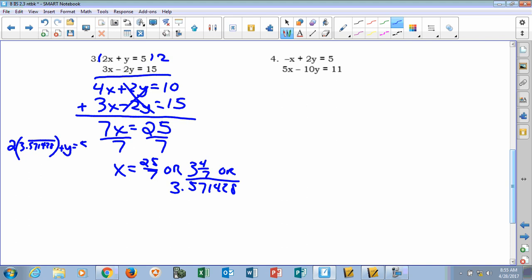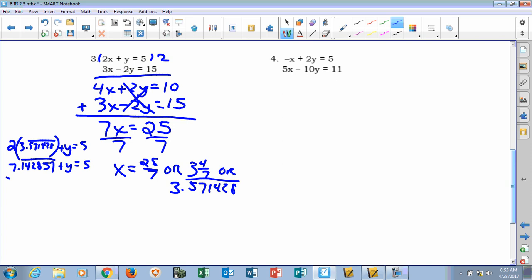Plus y equals 5. All right. So when I multiply that by 2, I get 7.142857, and that repeats. Equals 5.